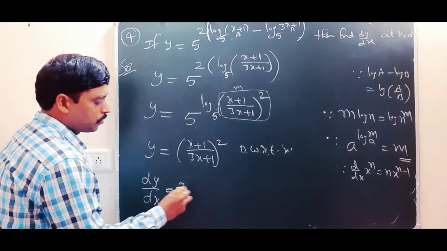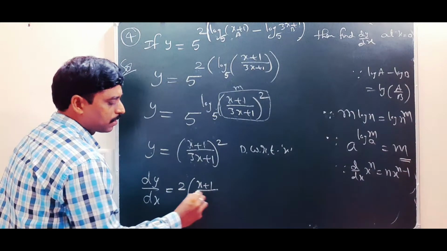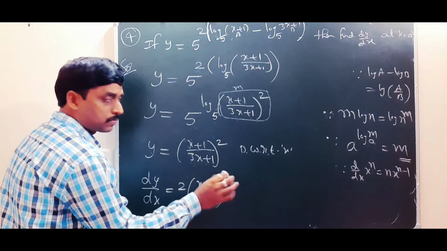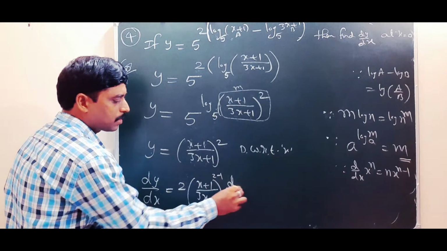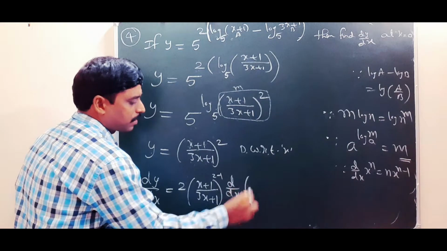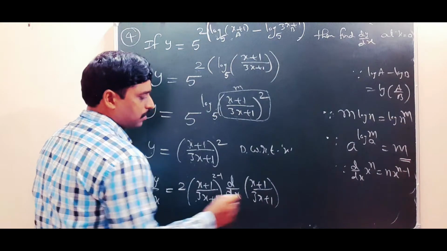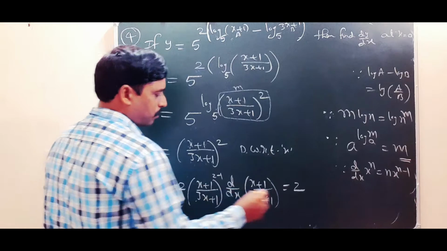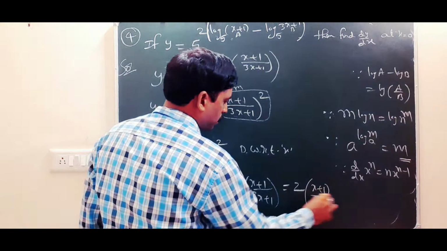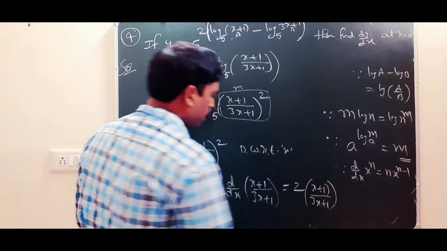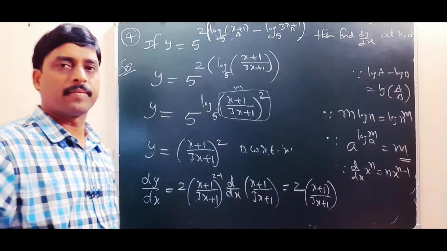It is going to be 2 times (x plus 1) by (3x plus 1) to the power 2 minus 1 into d by dx of u by v, (x plus 1) by (3x plus 1). So it is going to be 2 times (x plus 1) by (3x plus 1) into d by dx of u by v.